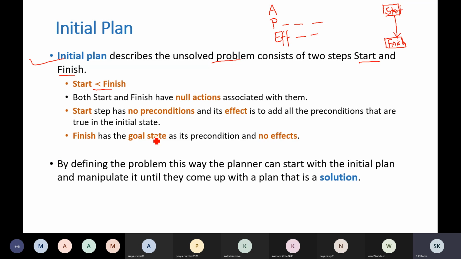So by defining the problem in this particular way, the planner will start with the initial plan and manipulate it until it comes up with a plan that is a solution. This is how plan space planning in general works.